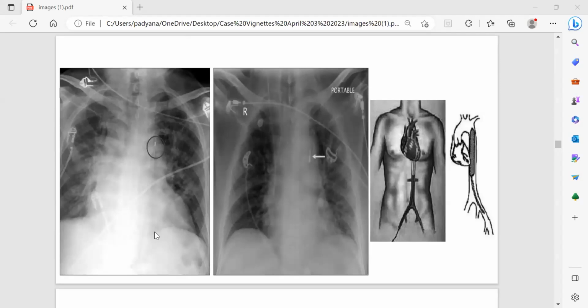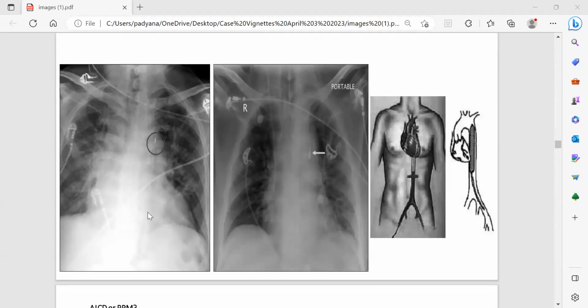Intra-aortic balloon. Generally, where would we want the tip of the catheter to be? Descending aorta. We want it below the subclavian origin, isn't it? So ideally the fourth intercostal space.